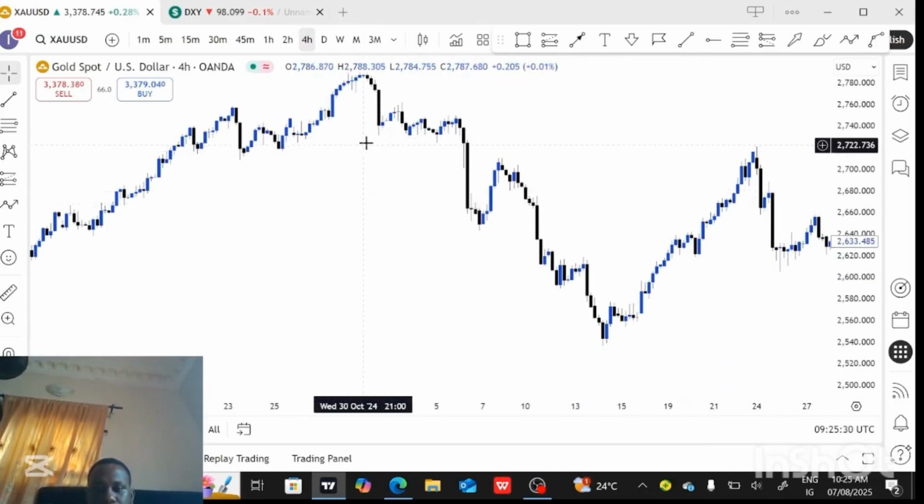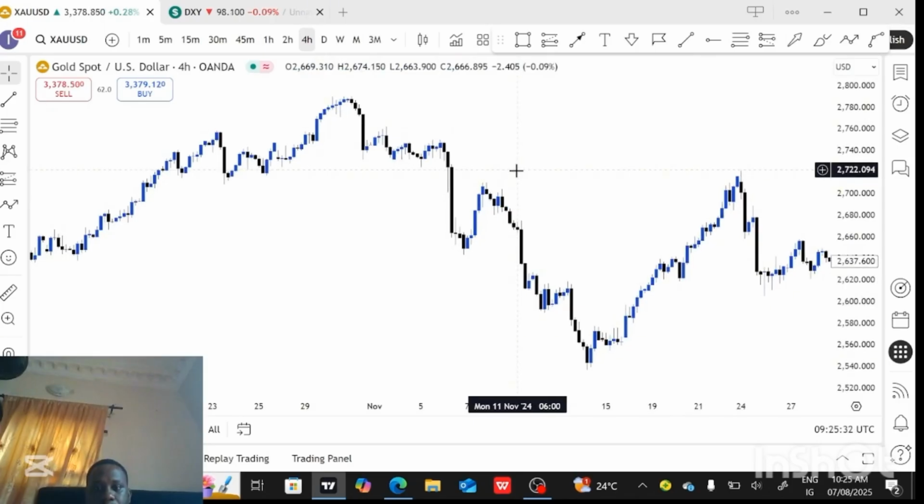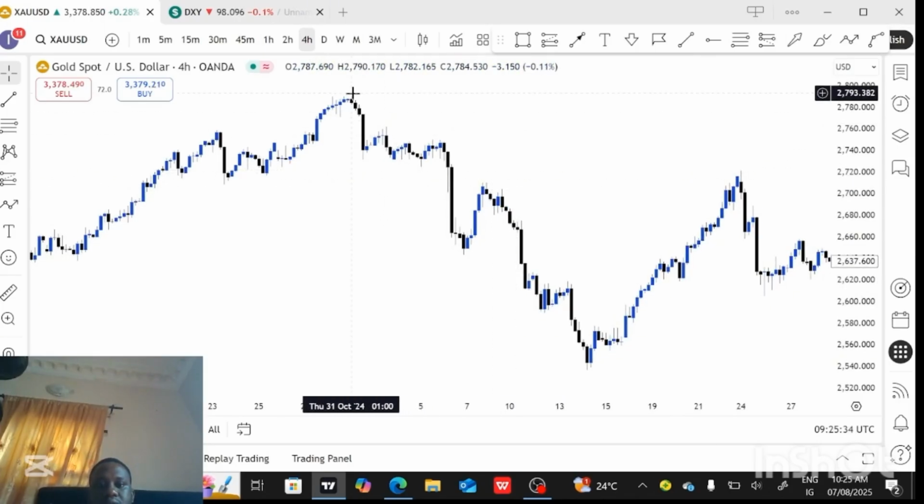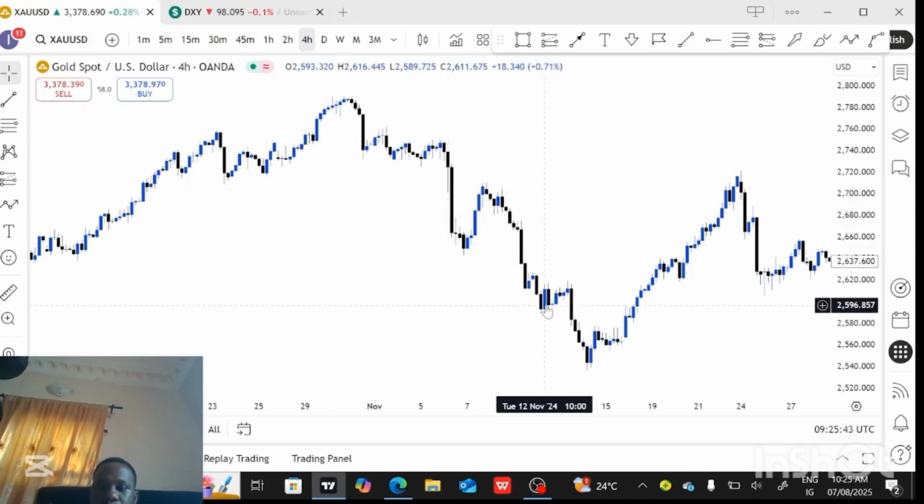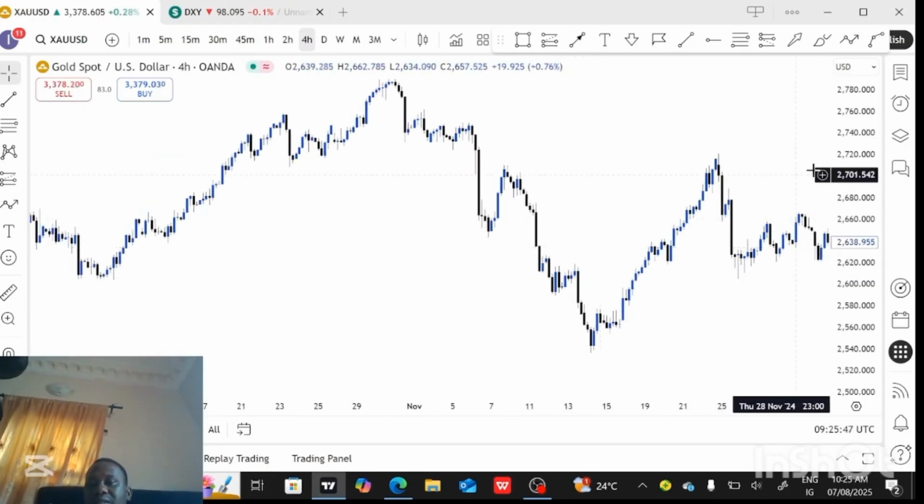Okay, but just for an example, you can look at this. Let's say we have lower high, lower low, lower high, lower low, lower high, lower low. This is an example of a downtrend.